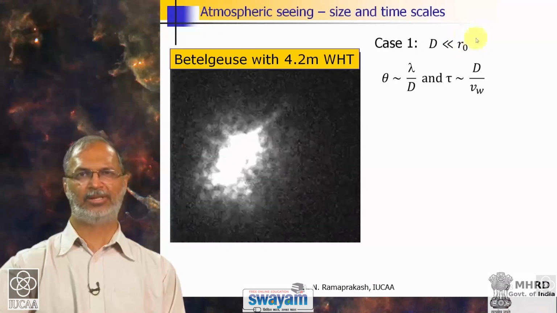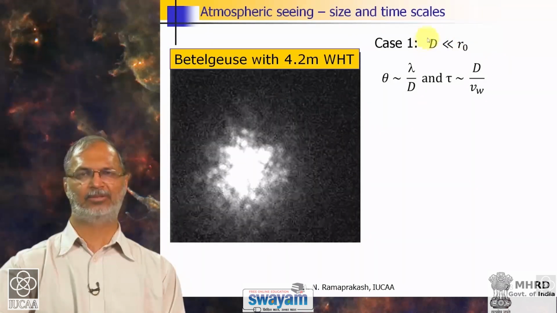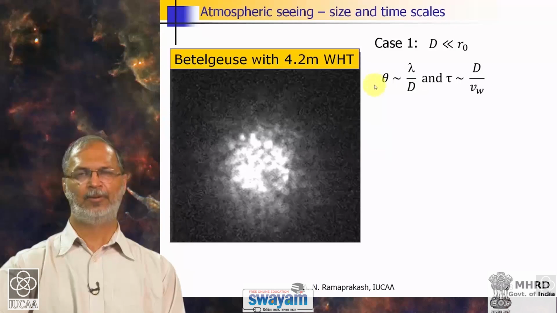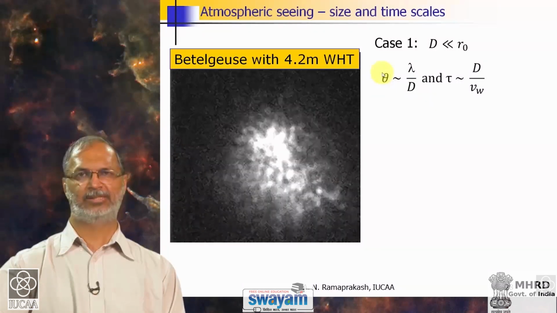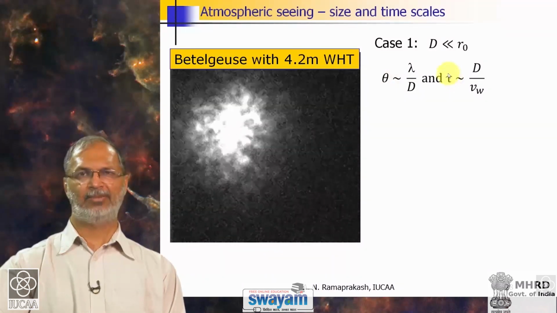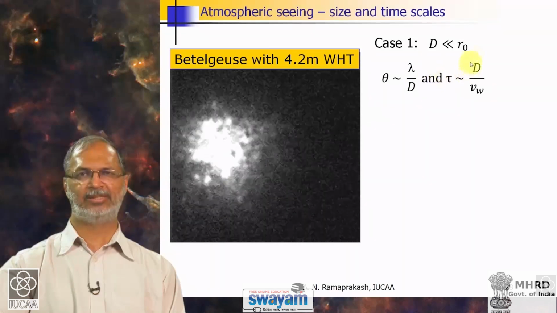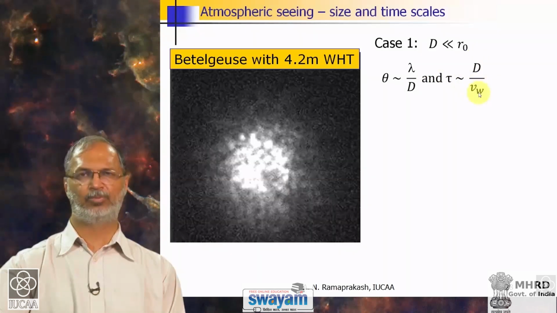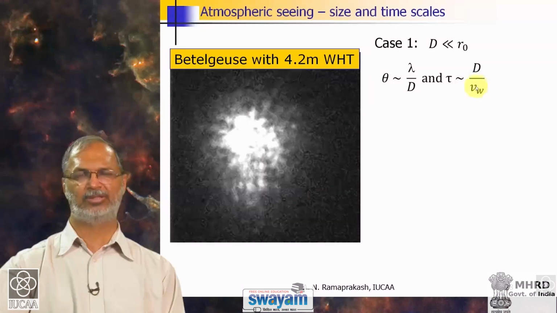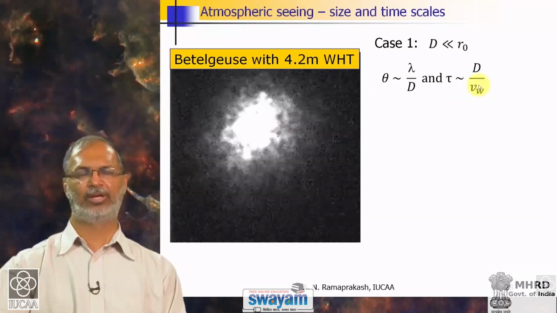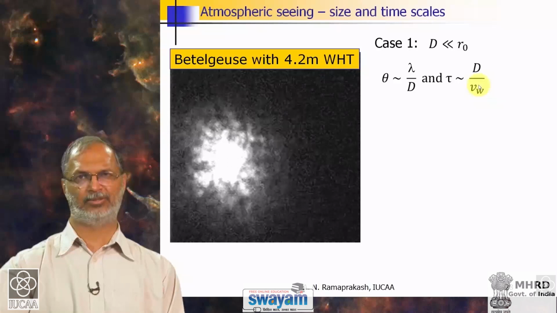The atmospheric size is larger than the diameter of the telescope, which defines then the image size. Similarly, the time scale over which that image size changes is given by the diameter of the telescope divided by the typical velocity at which these structures are moving across the line of sight of the telescope.